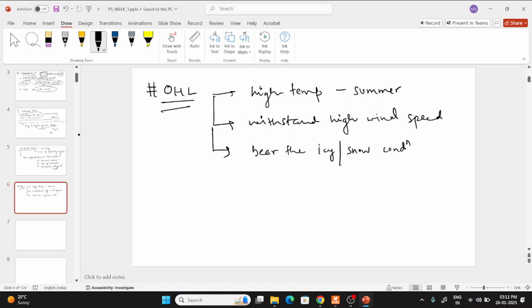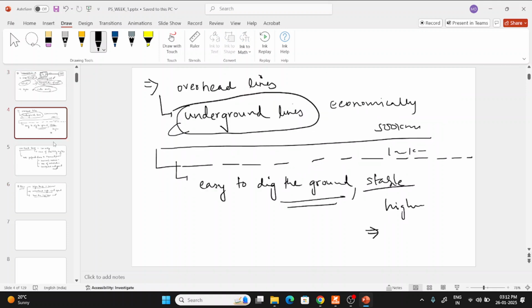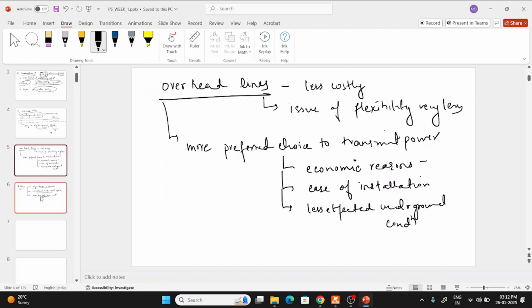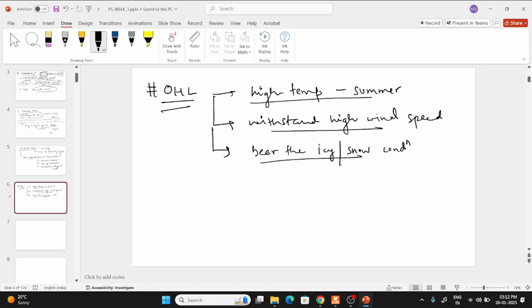But overhead lines are also not a very easy choice. There are various difficulties. Like they have high temperature in summer, they have to withstand high speed winds, they have to bear the icy and the snow conditions. So these are all the factors which affect the overhead line.